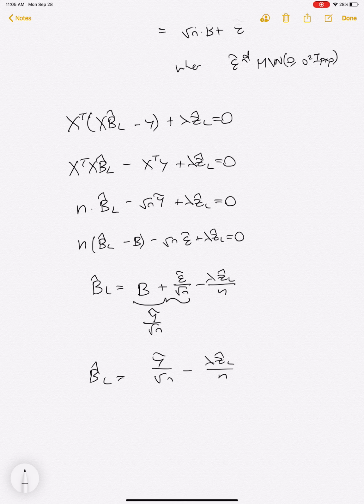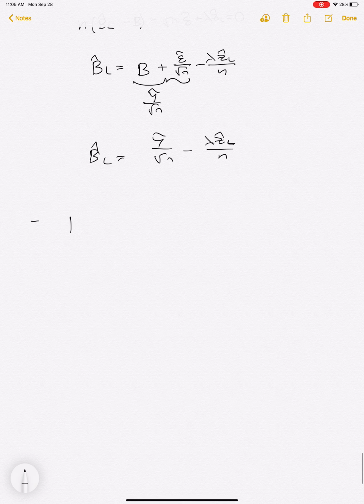But then there's this question of how do we convert that into an algorithm? So we still have this annoying z hat here. This is nice because things are looking closed form, but we still have the z hat L to deal with.